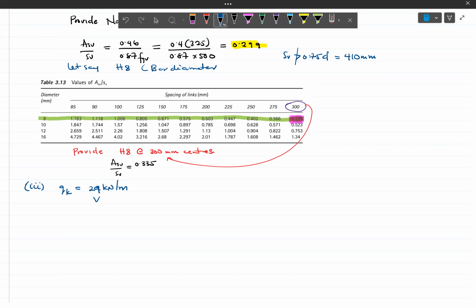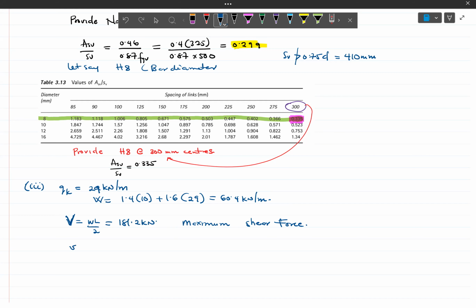Our W will still be 1.4 times 10 plus 1.6 times 29, and that'll give us 60.4 kilonewtons per meter. When you find your maximum shear force, which is WL over 2, that will give us 181.2 kilonewtons. So this is the maximum, or ultimate, shear force.